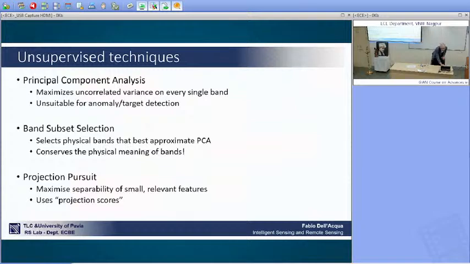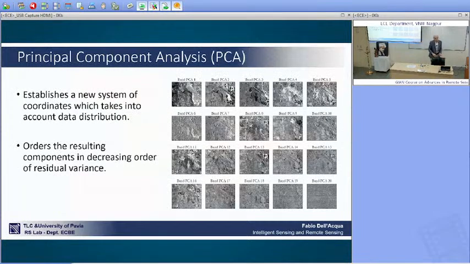But one of these is the principal component analysis. So PCA, which we have discussed when I taught about transformations, is one of the means that is commonly used to do that.